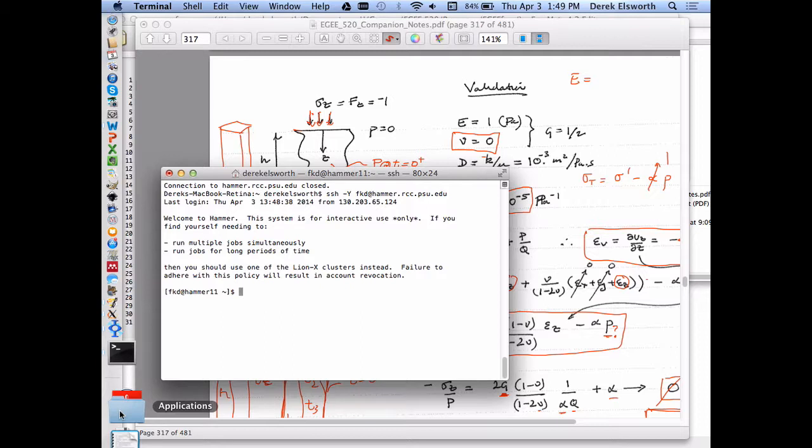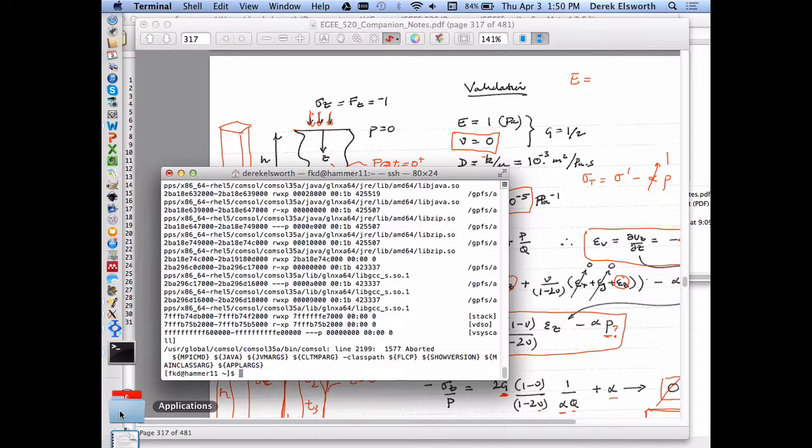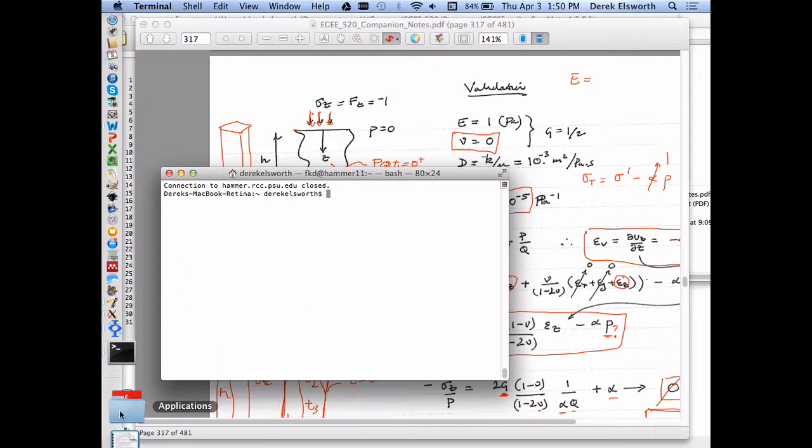Yeah, hammer. So it keeps on logging. 11 didn't work before. So SSH. But when you look, okay, let me do that again.